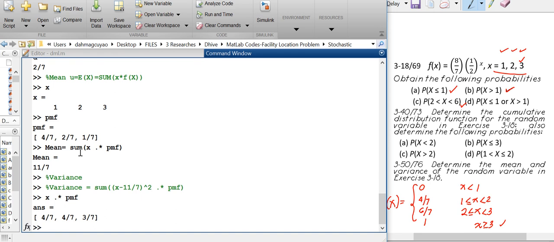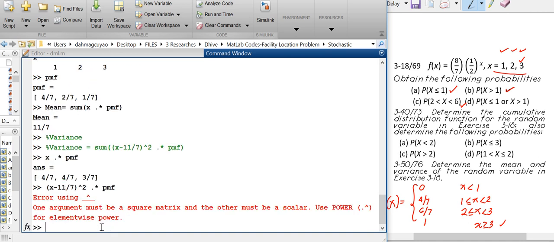So if we want to do that for variances, we subtract x minus the mean squared times the PMF. Oh, sorry. This should be element-wise raising to power 2.